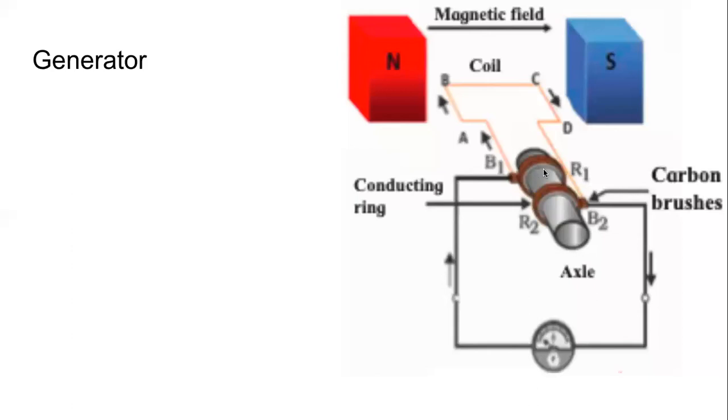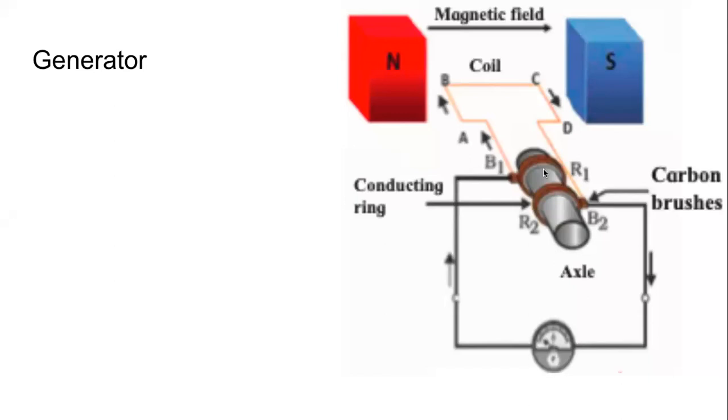Similarly, if we have to produce direct current, then we have to make similar changes in the AC generator. Instead of two conducting rings, we will have two split rings. The direction of the current will remain the same.